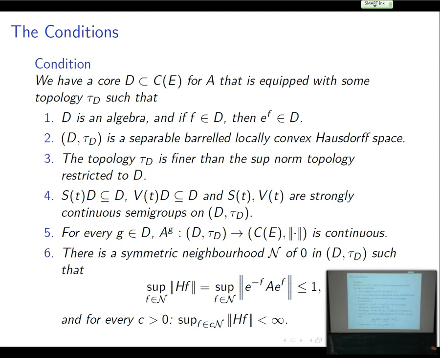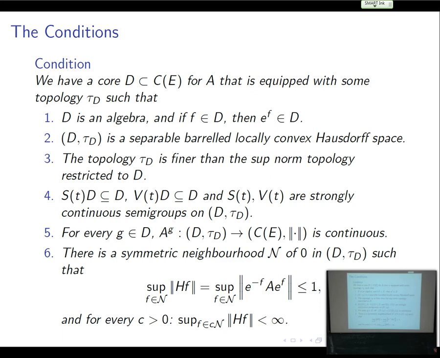To do what we want to do, we need a core for A. And on this core, we want to have a topology, and I'll call it tau_D. And D with tau_D needs to satisfy some properties to do everything I want.